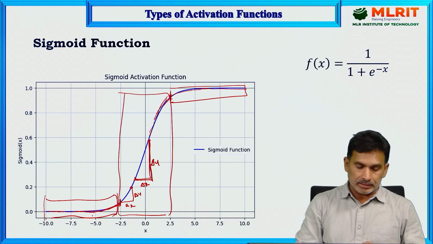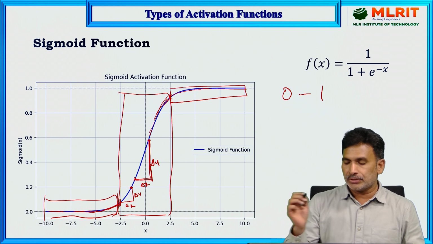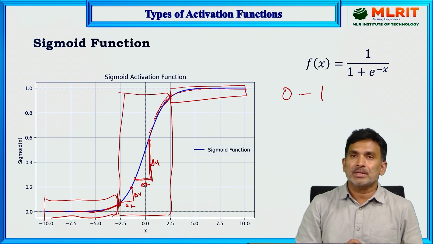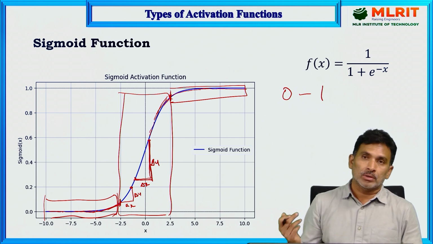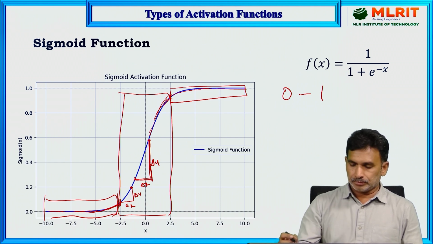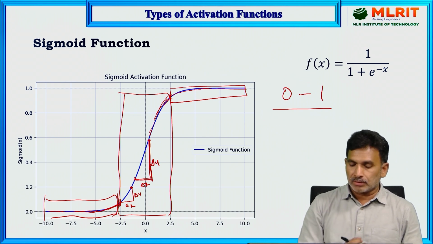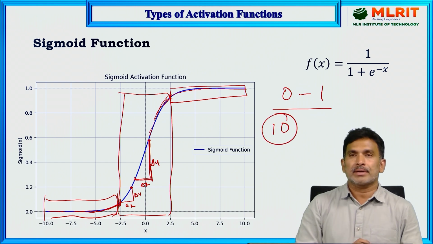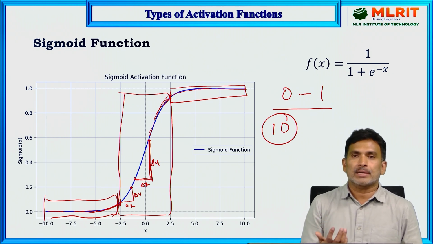Another thing is that the values produced by the sigmoid activation function are within the range 0 to 1. We know that probability values are always between 0 and 1, and the total probability is always equal to 1. If a problem requires the output in terms of probability, like if there are 10 different classes and you want to find out whether a particular data point belongs to a particular class or not, then we calculate the probability.